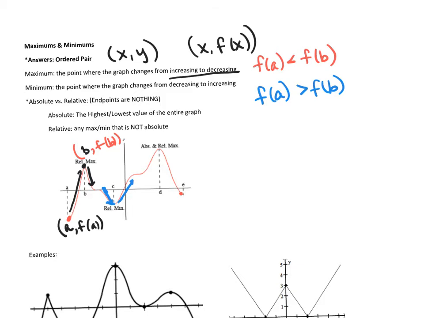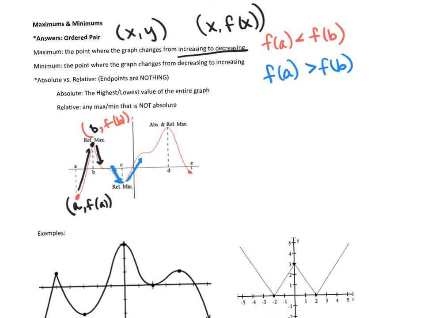And when we do this, we're always going to express it as ordered pairs, and we're looking for points where they're changing. So there's two types of maximum and minimums you can look at. If a value is the absolute highest or the absolute lowest value on the graph, that means there's no points that are higher or lower than that.